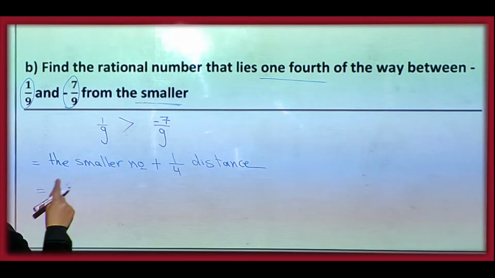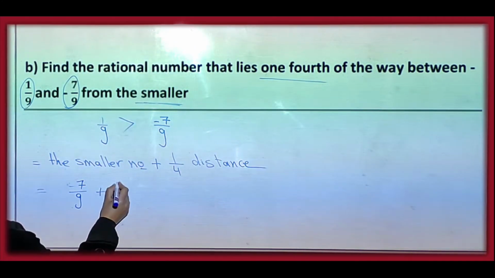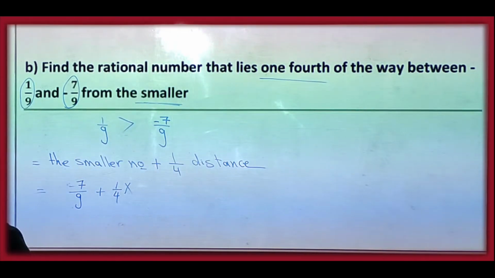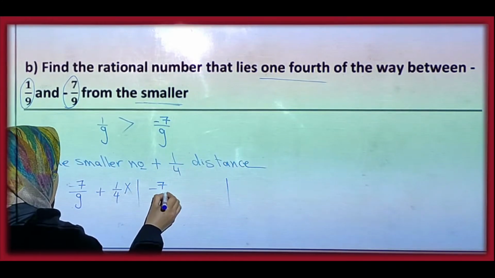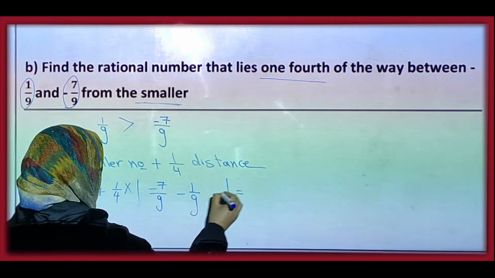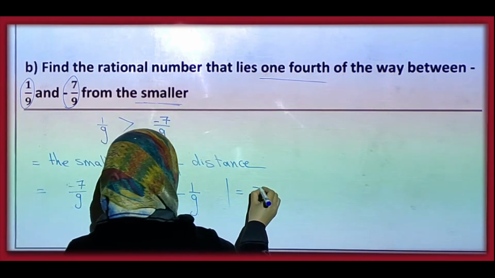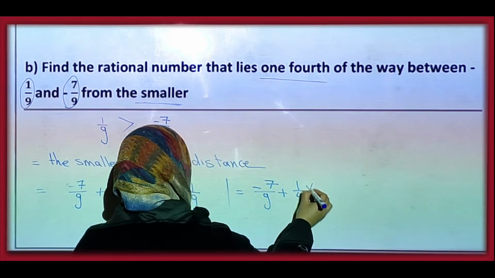Equal the smaller number is negative 7 over 9 plus quarter multiply the distance. The distance is the absolute value of the difference of them. Negative 7 over 9 minus 1 over 9 equal negative 7 over 9 plus quarter multiply.